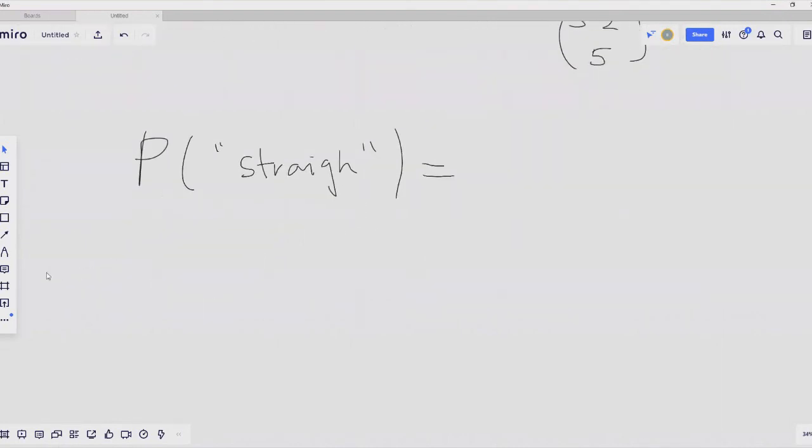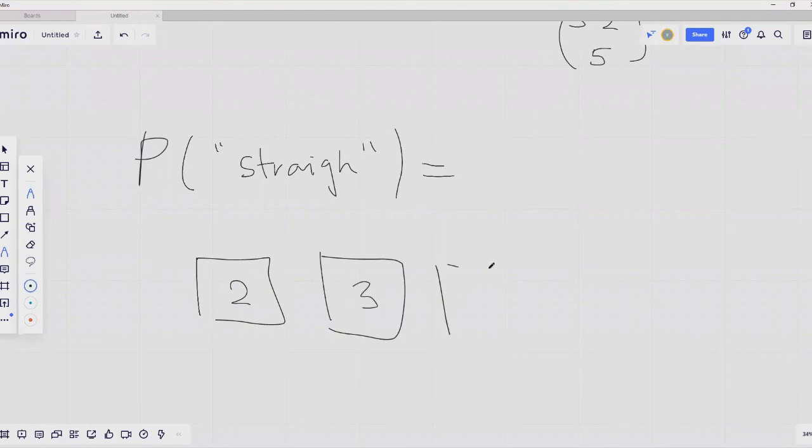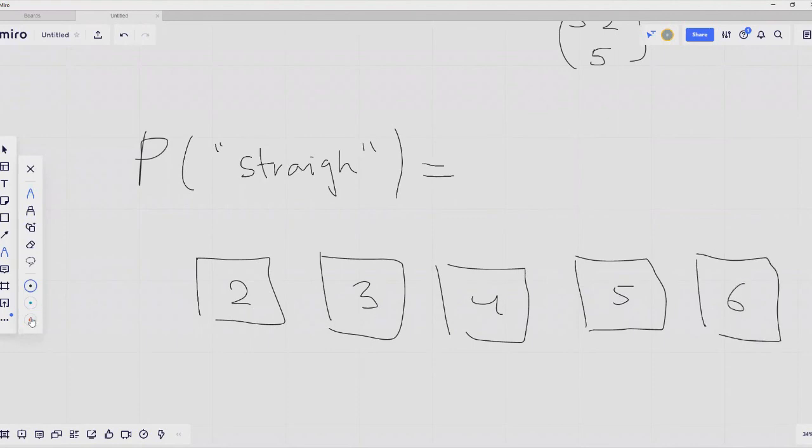So for instance, we'll have 2, 3, 4, 5, and 6. However, all of them cannot be of the same suit. We cannot have all of them being hearts. So at least one of those should differ in terms of suits.